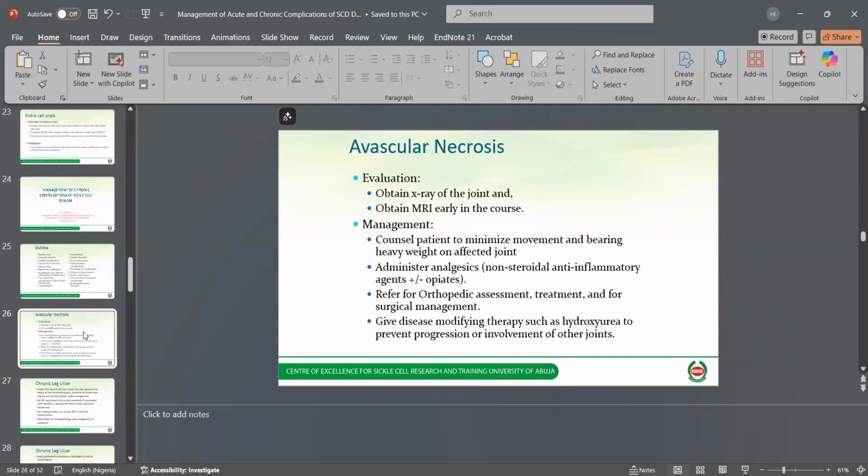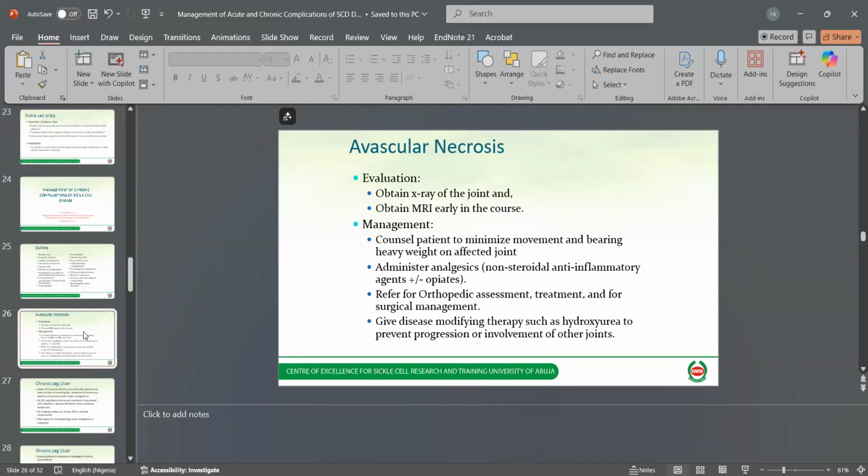So in evaluating these patients, we need to get an X-ray of the joint, and also sometimes we may need an MRI early in the course. Management includes counseling the patient to minimize movement and bearing heavy weight on the affected joint, especially at the earlier stages, in order to reduce the progression of the osteonecrosis.